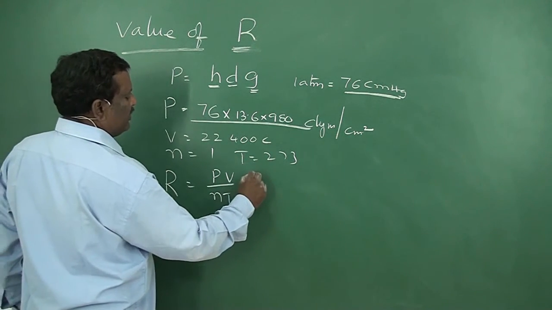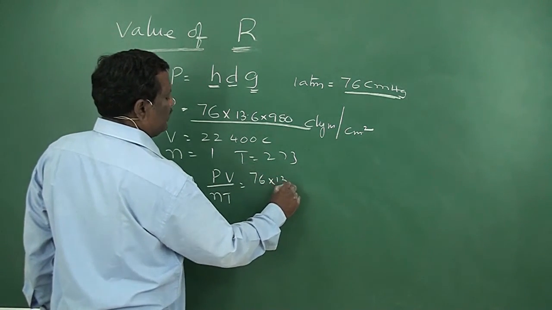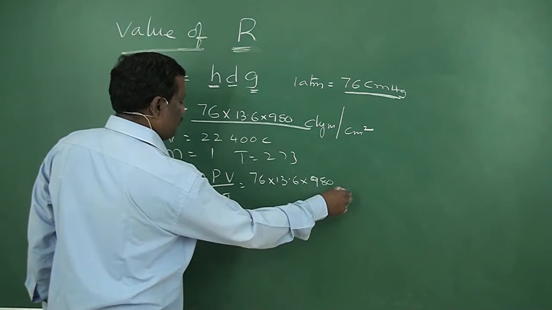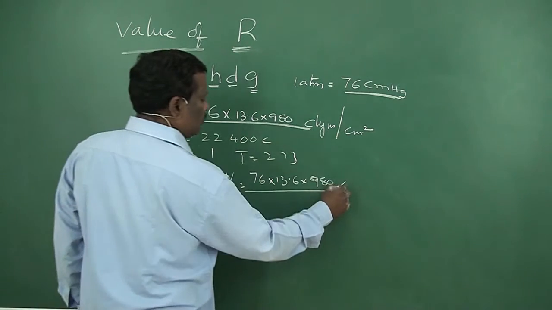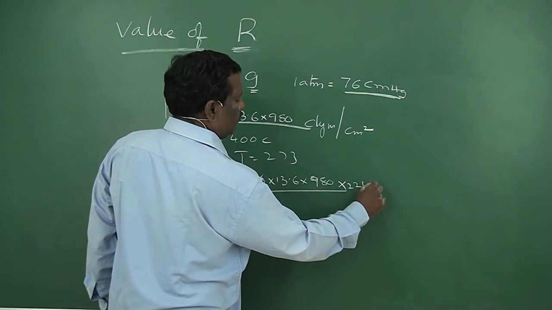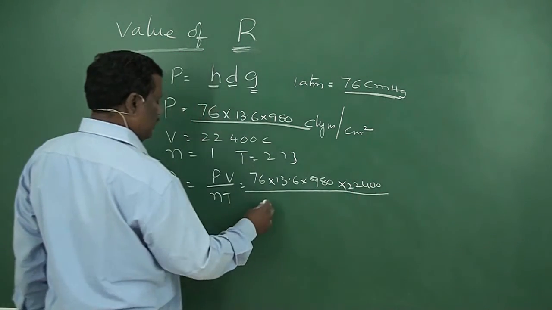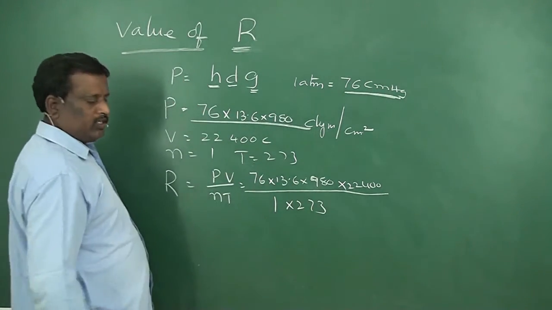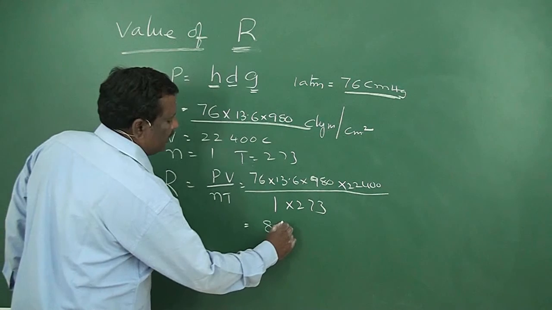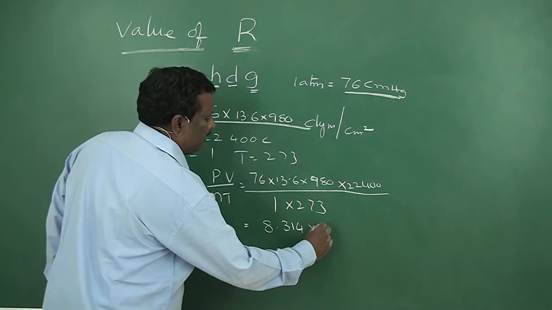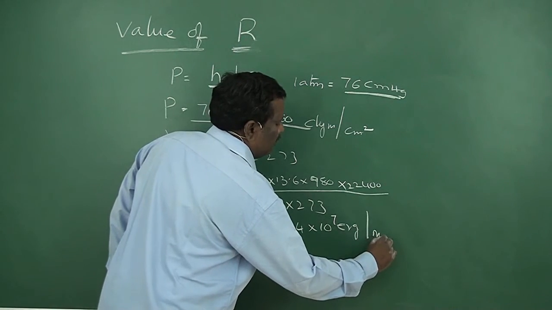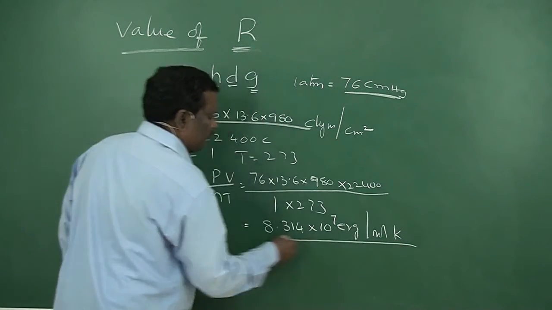It will be 76 into 13.6 into 980 into 22,400 by 1 into 273. On simplifying all this, you will get 8.314 into 10 to the power 7 ergs per mole K.